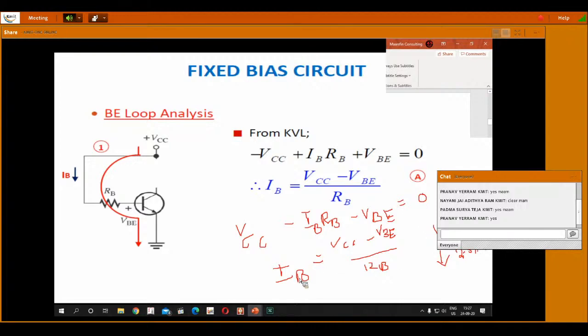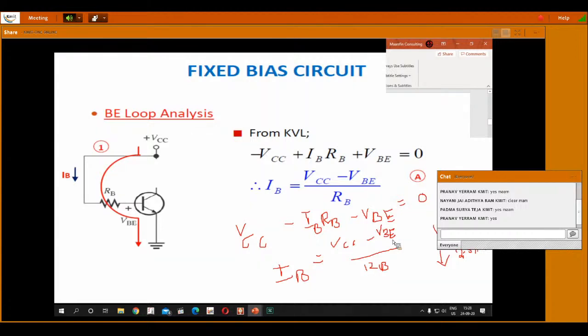But now this IB depends on RB, which is constant, and VCC is also a fixed DC voltage. When you operate your transistor in the active region and bias it properly, VBE is around 0.7 volts for silicon and 0.3 volts for germanium.